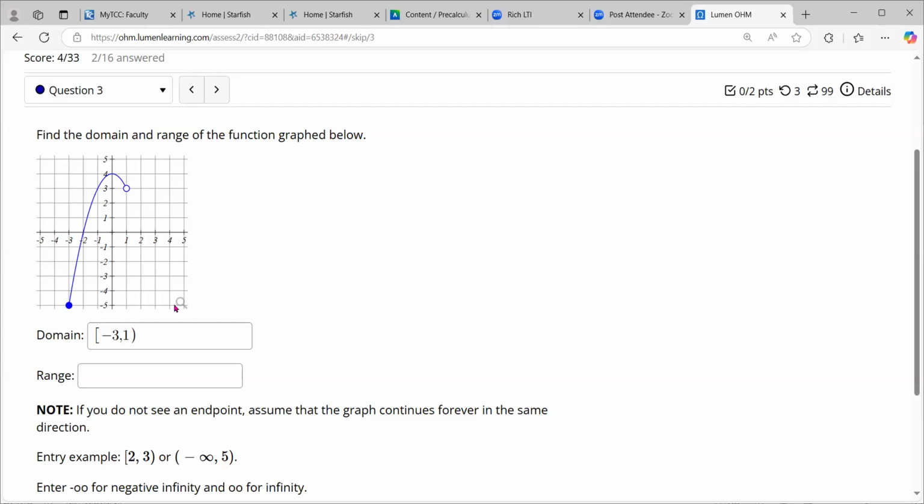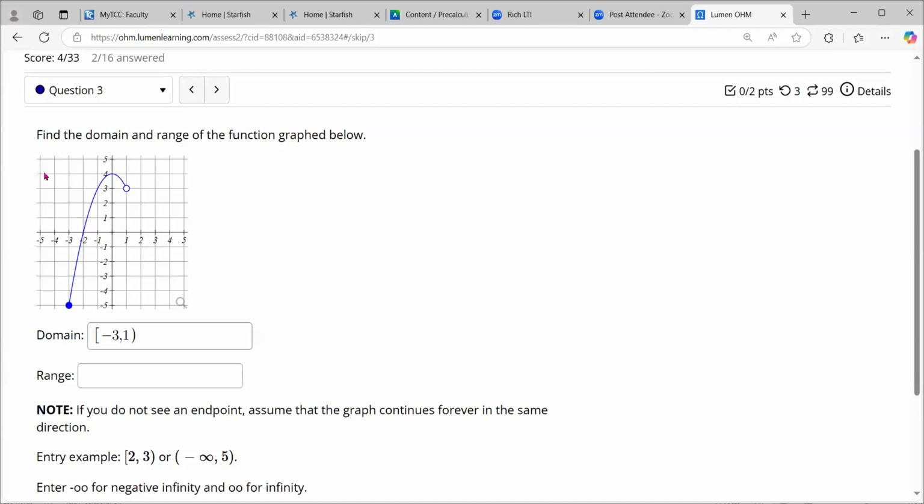Some graphs might not have a boundary from above or below. Maybe the curve goes up forever, then the boundary is positive infinity. Maybe the graph goes down forever, then the boundary from below is negative infinity.